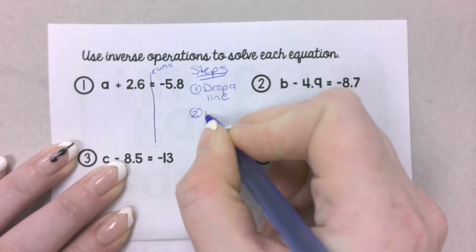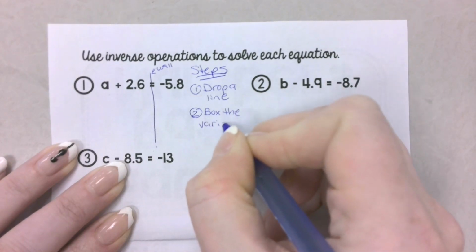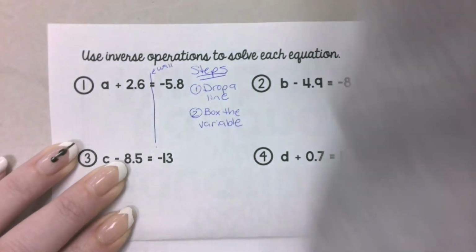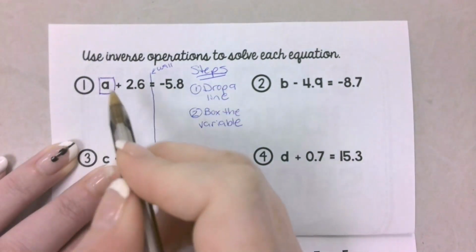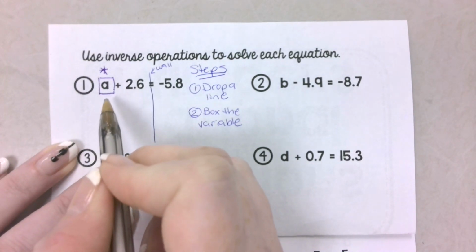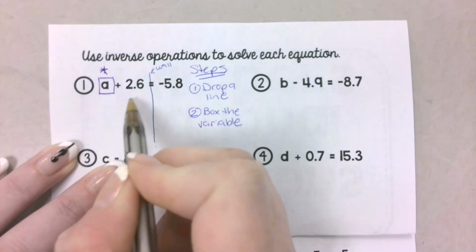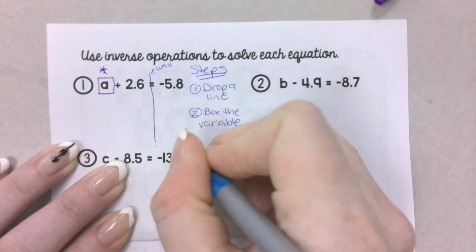So step 2, we box the variable. What I mean by that is we're going to take our A and put it in a box. This tells us, hey, this is what I want to get by itself. Right now it's not by itself because it's got a plus 2.6 on the same side with it. We need to get rid of that 2.6, which brings us to step 3.